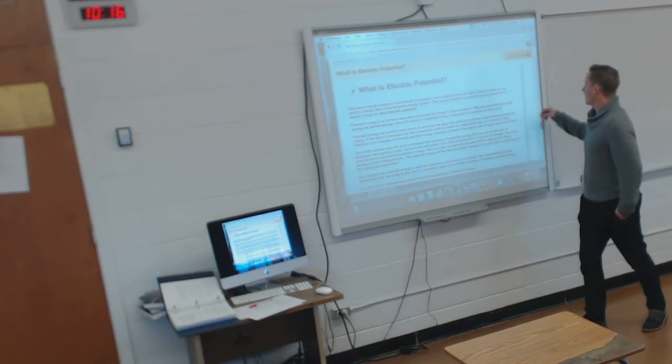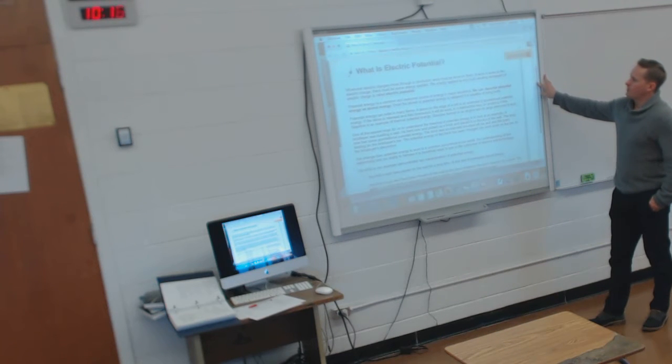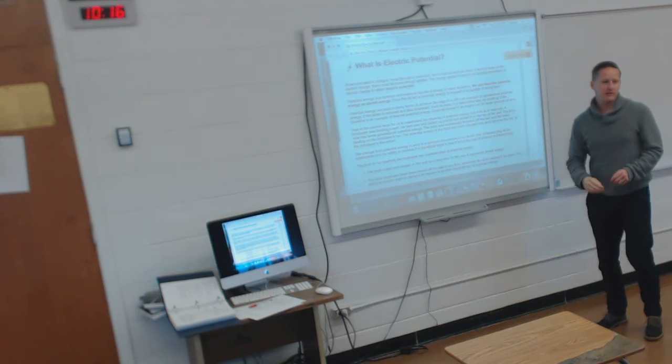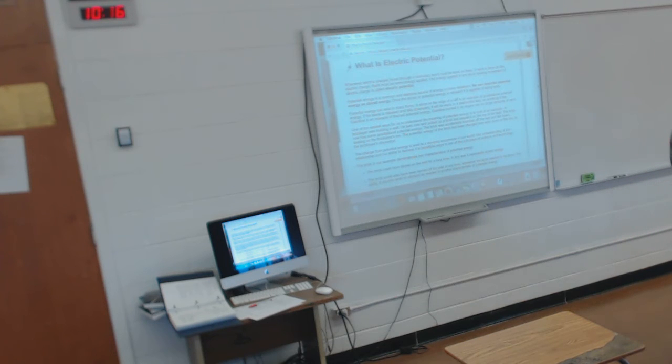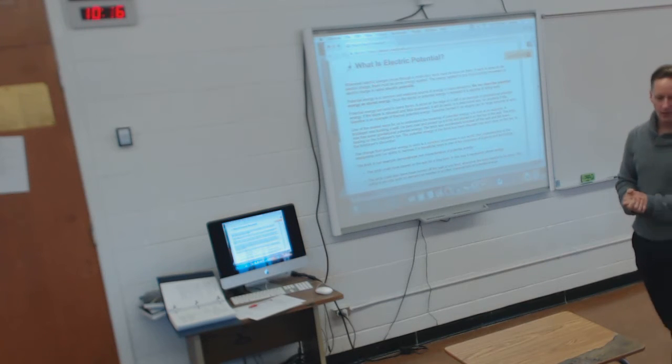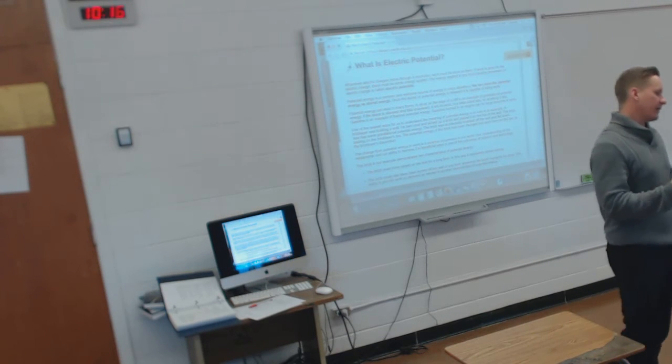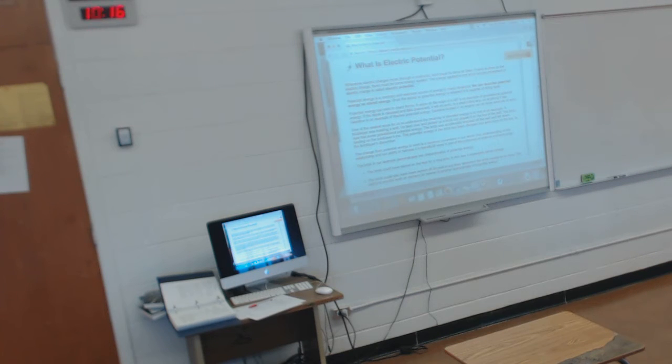There we go. Okay. So first of all, potential is basically the ability for something to happen. That's what potential is, right? You have the ability for something to happen. As you get into grade 11 physics, we talk about potential energy.